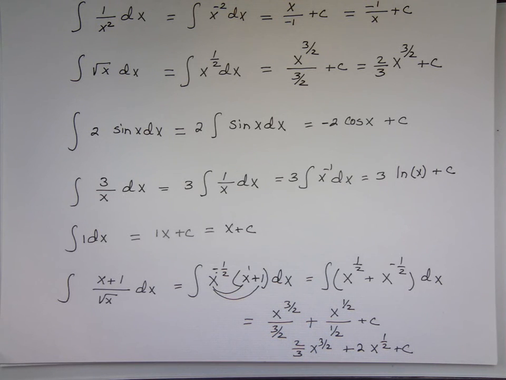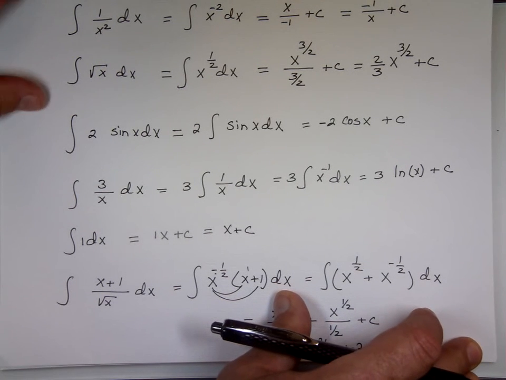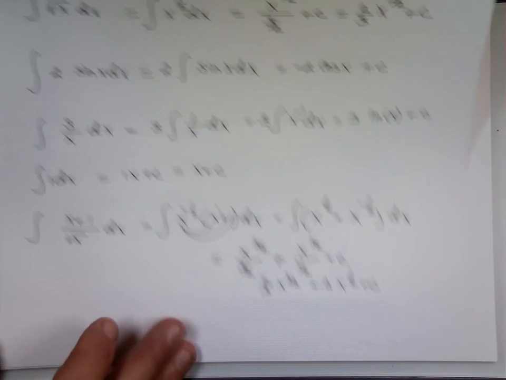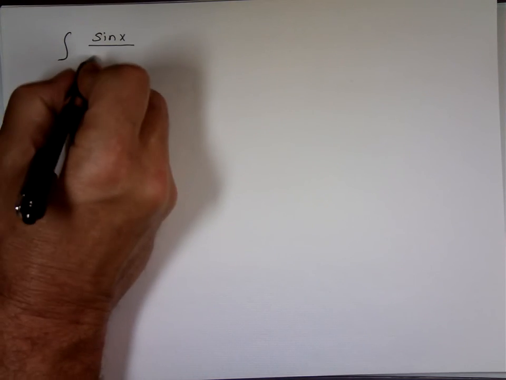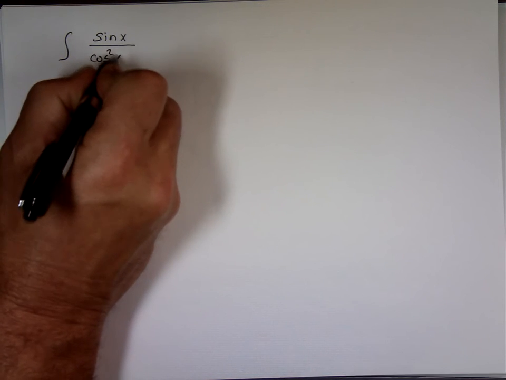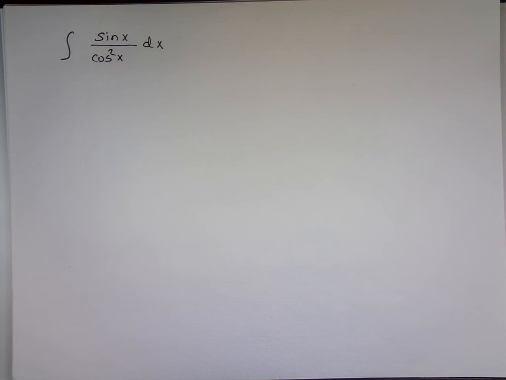Trying to trick you here. Next one. Maybe my last one. The integral of sine of x over cosine squared x dx. It has to be something we know from the derivative.